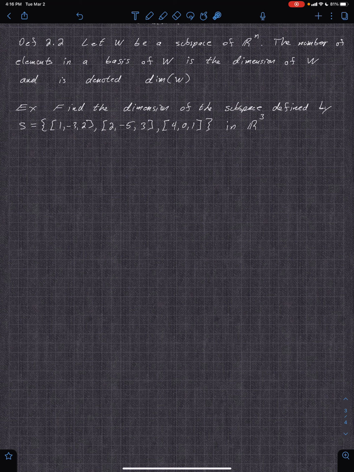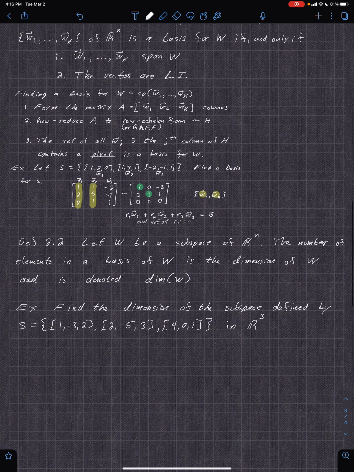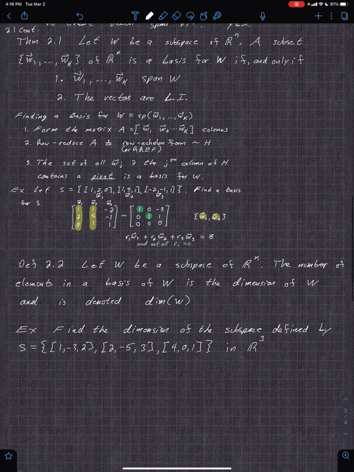That's really what you're doing. The technique is the one we already did, or I showed you. If this was a 1 here, then it would be dimension 3. But this only has 2 elements in the basis, so that's dimension 2. That's how you look for it.